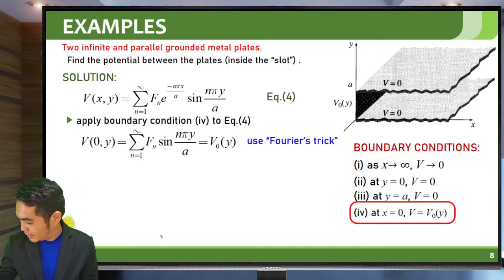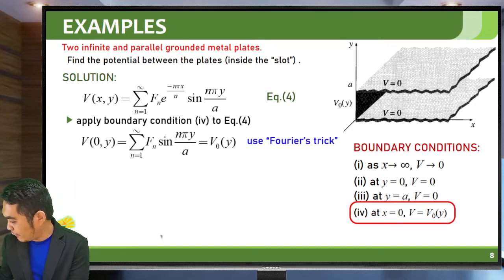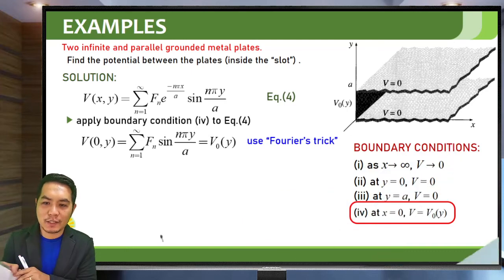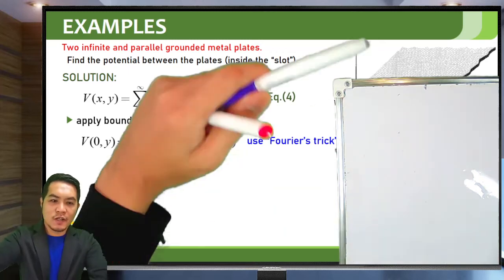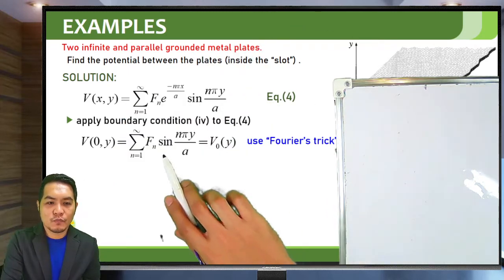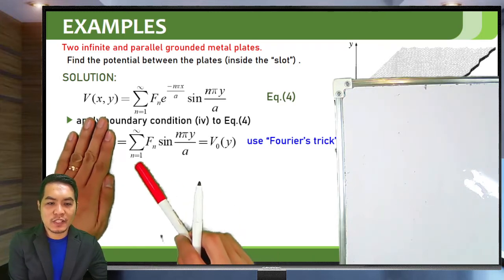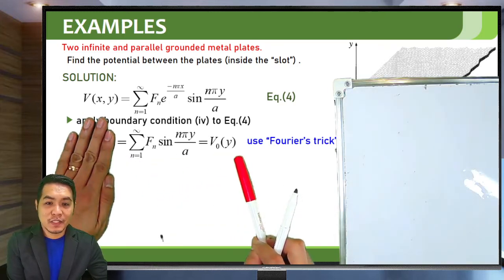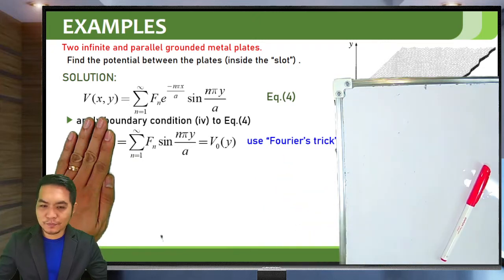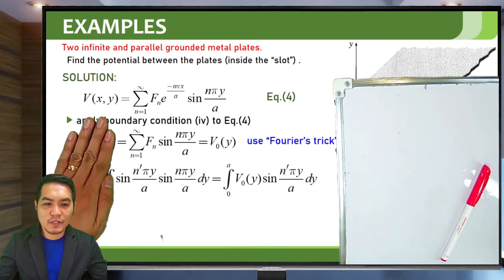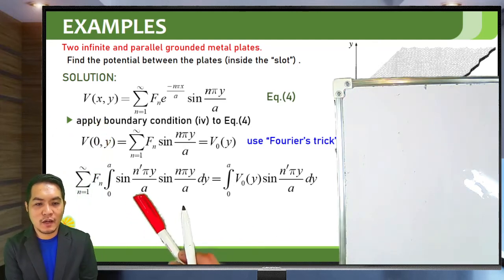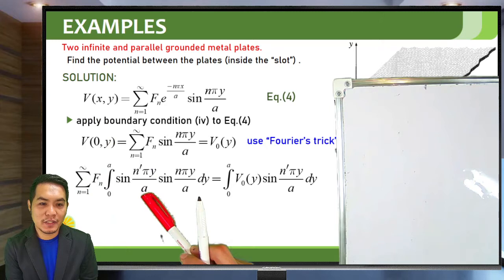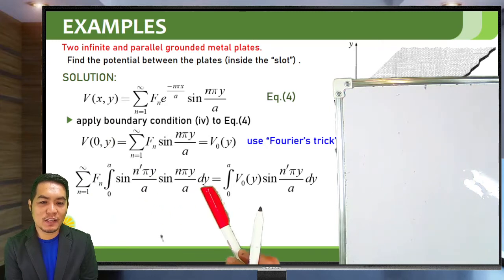So Griffiths will call this next solution Fourier's trick. So in the Fourier's trick, we will now focus on just this equation. And in the Fourier's trick solution, we multiply both sides by this term, sine n pi y over a, and then integrate over dy.